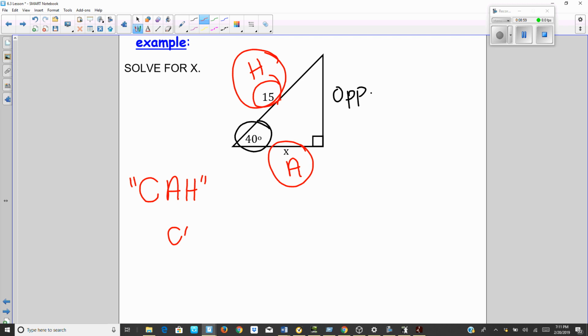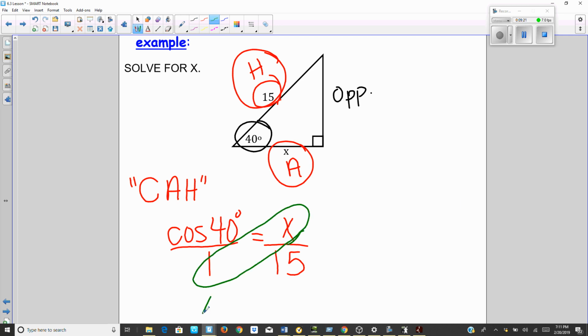Or, of course, the cosine trig function. So we're going to take the cosine of 40 degrees, put it over 1, and set it equal to the a over h side. And then we cross multiply one more time.